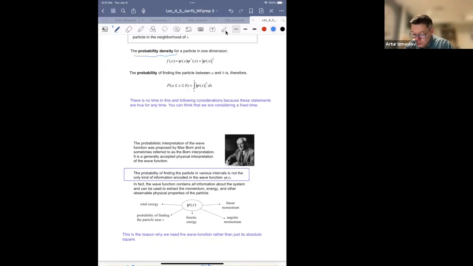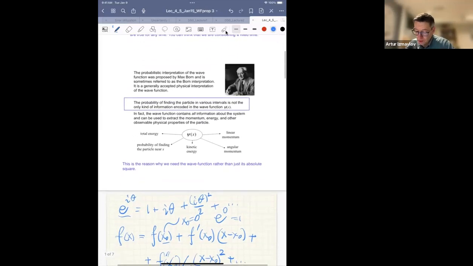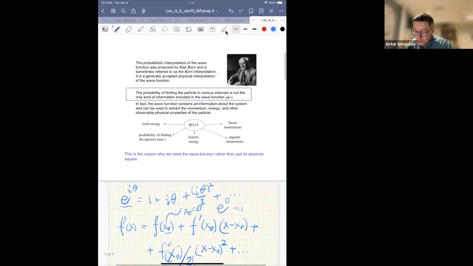But generally, time is always there. No way to escape time, even in the quantum world. So the probability that my particle is between, say, A and B, you can obtain by taking this integral. And that's it.